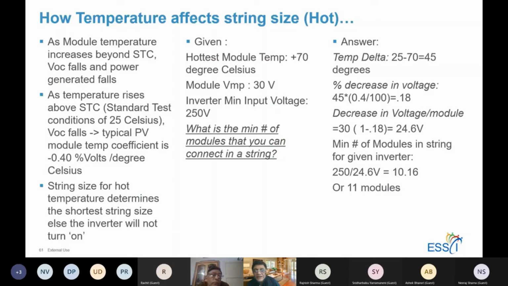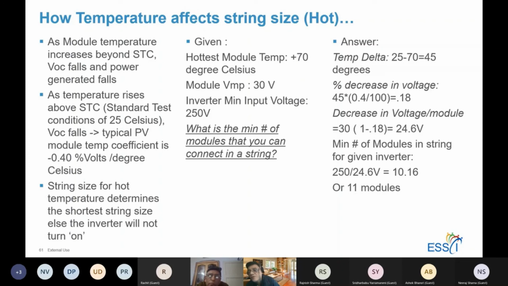And in this you don't use the VOC, the open circuit voltage, you use the VMP rating of the module, which is a little less than the VOC. So if 250 volt is the inverter voltage, you find that it will take up to 10.16 modules to give the minimum voltage that is required by the inverter.